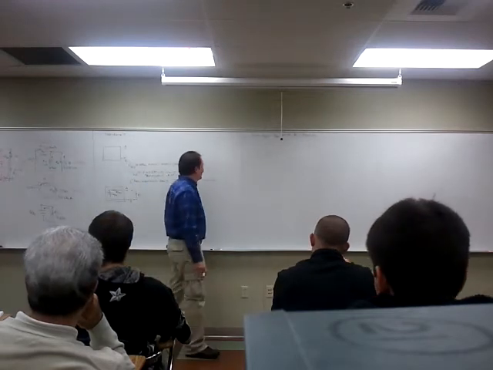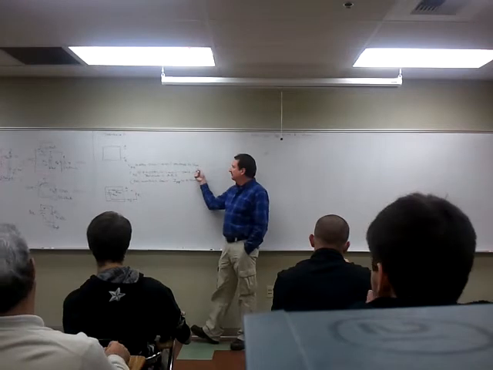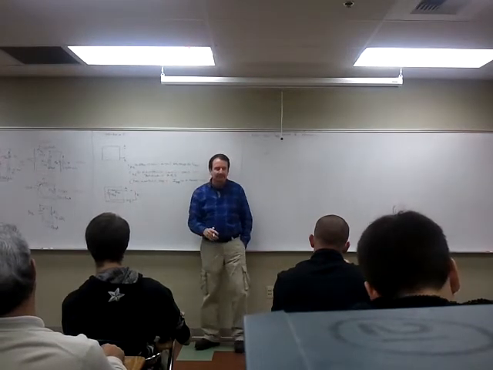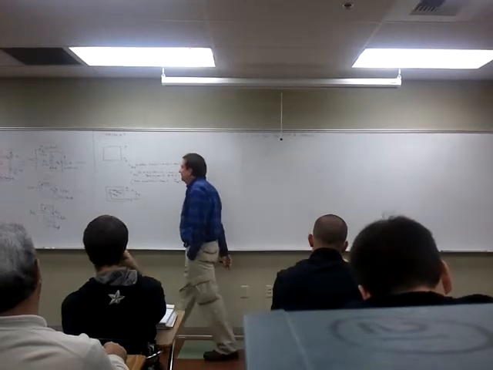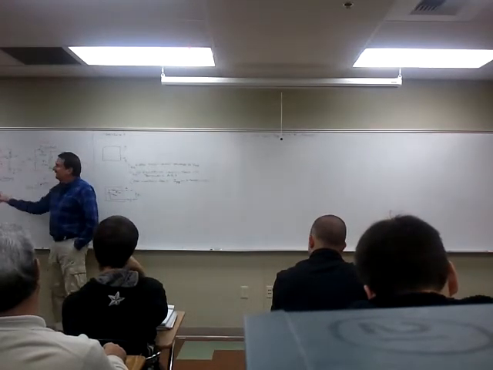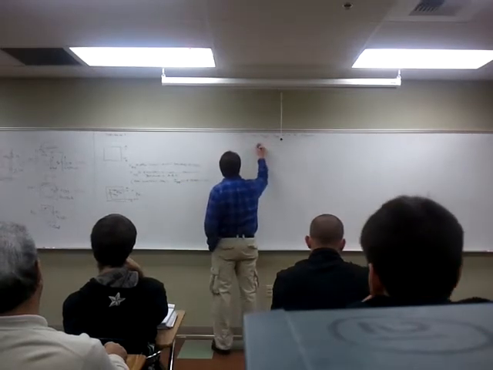To do Thevenin's, according to what we said here, the Thevenin's voltage is the open circuit output voltage. Open circuit means that if you have a load on there, you remove the load. So you remove this RL. As soon as I remove the RL, the circuit is going to look like this.